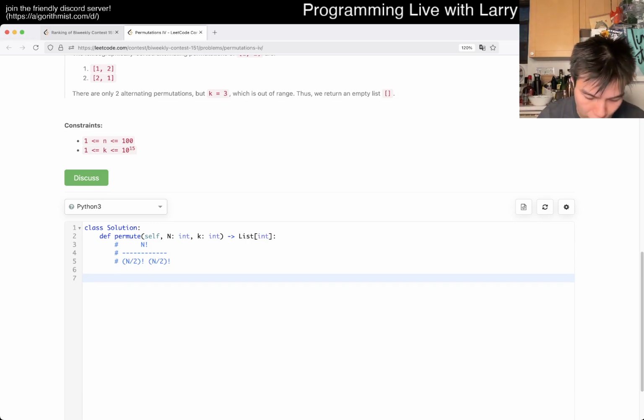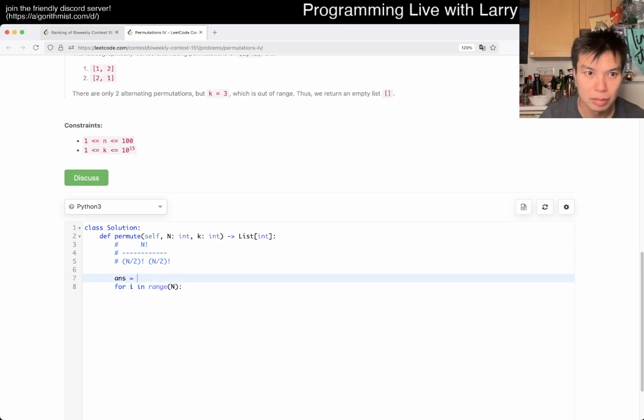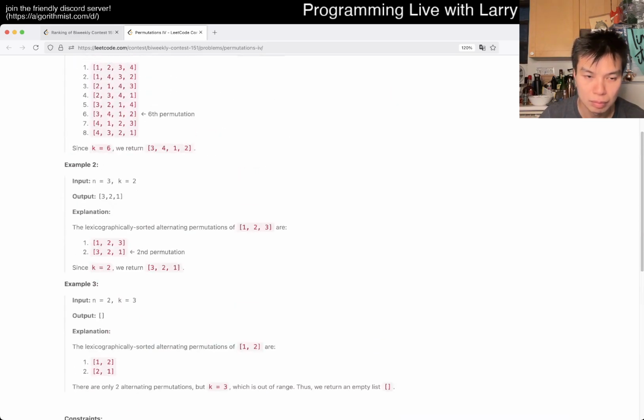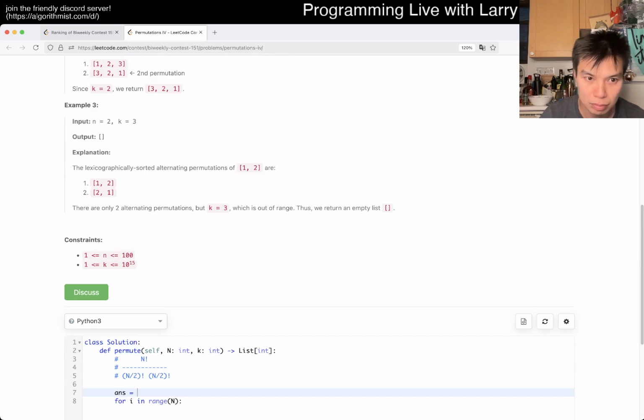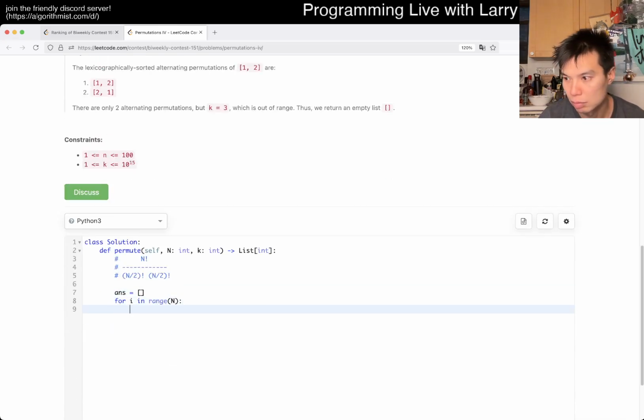Then now for i in range of n... yeah, I mean it's just n times n, right?